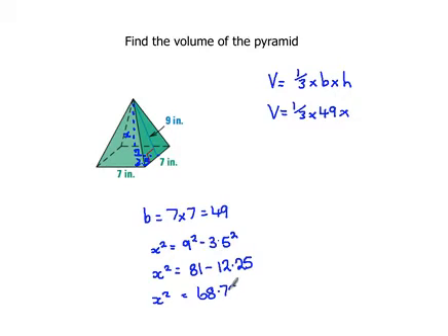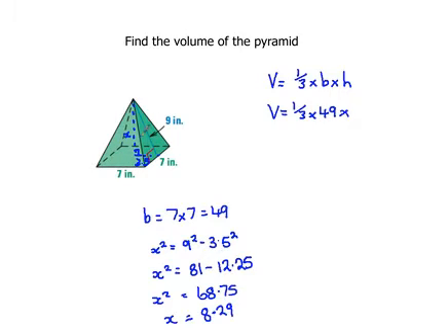So we'll square root that to work out the value of x. So x will be the square root of that, and the square root of that is 8.29 and a bit. So we'll leave it like that for now.